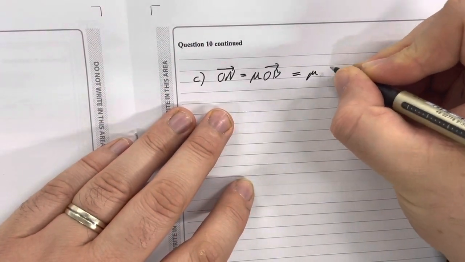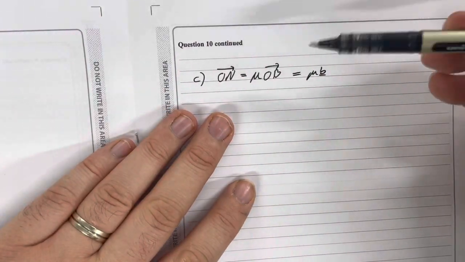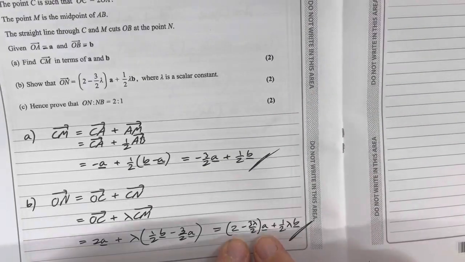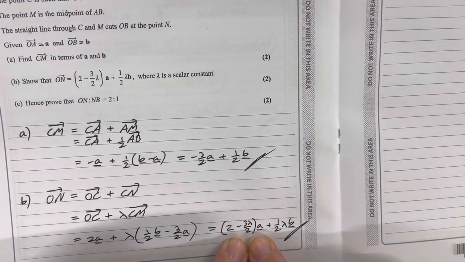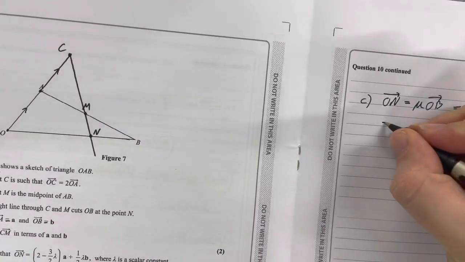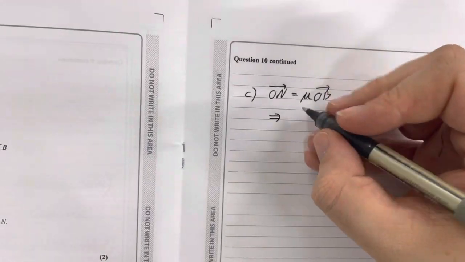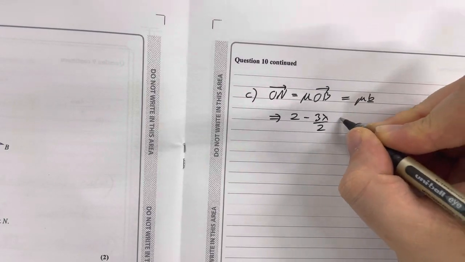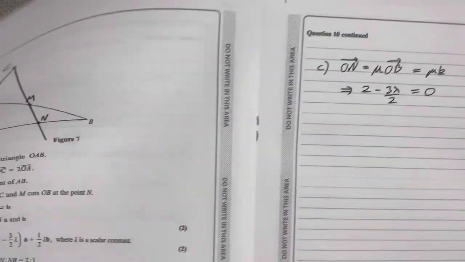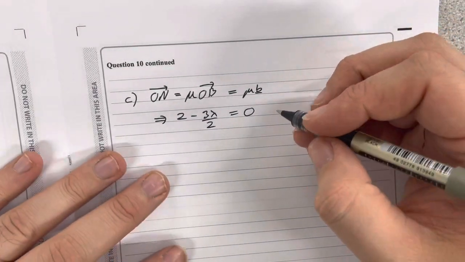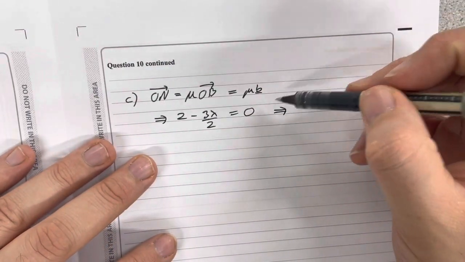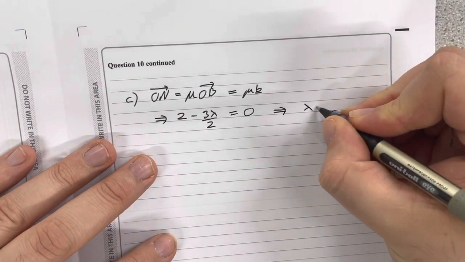That equals something times b, because that's, by definition, what OB is. So we want the coefficient of a here to be 0, and that gives us a value for lambda. So the coefficient of a must equal 0. If I solve that, times by 2, add the 3 lambda, divide by 3, I get lambda is 4/3.